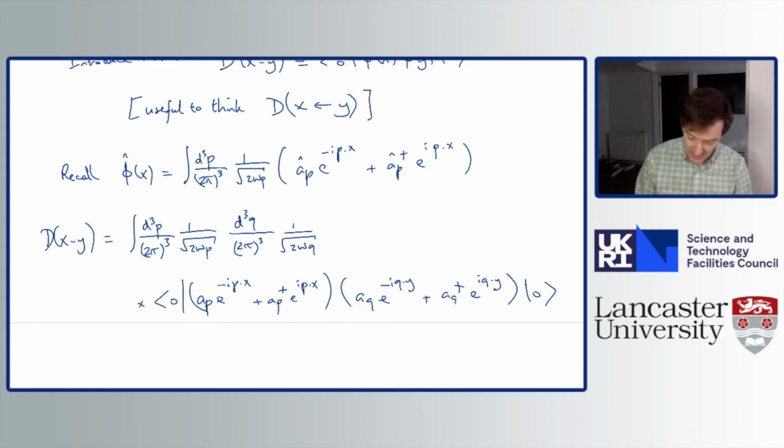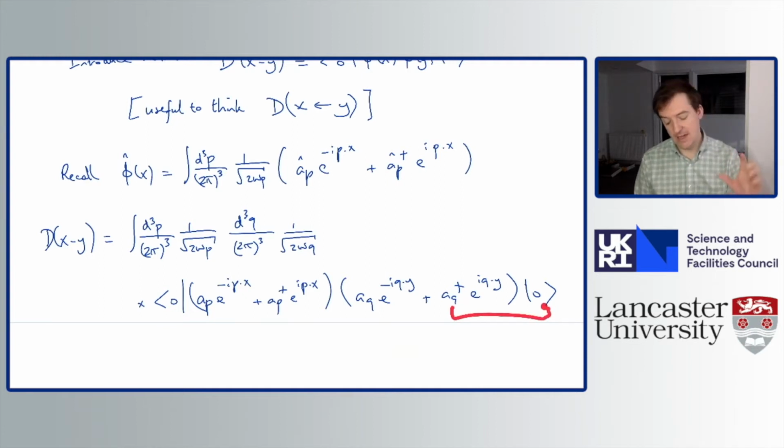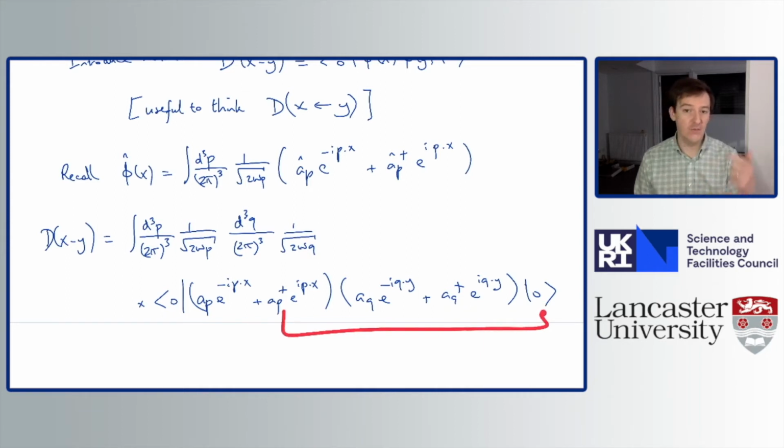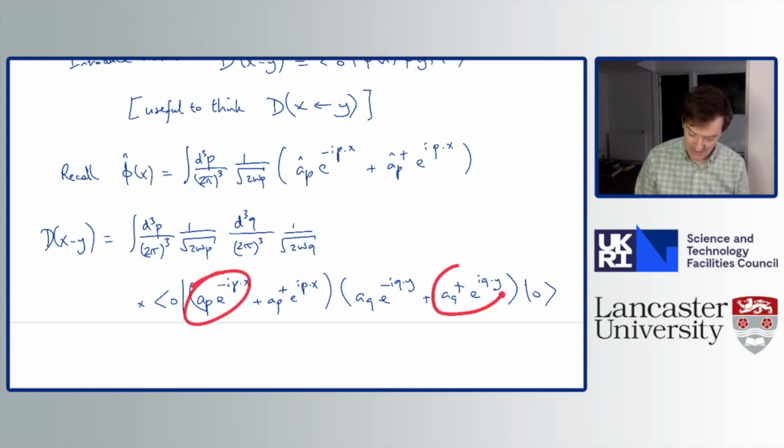And then this one, an a dagger a dagger term, also gives zero, because when I act once with a dagger, I go from state 0 to 1, and acting again, from 1 to 2. Then when I hit the state 2 with a bra 0, those are orthogonal states, so I end up with 0. In other words, the only non-zero term is the product of these two factors.